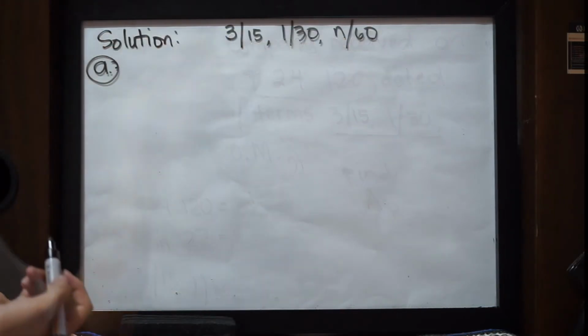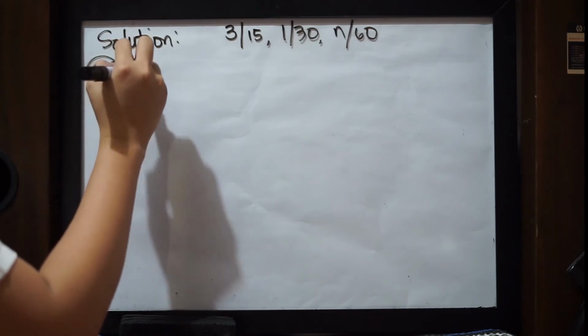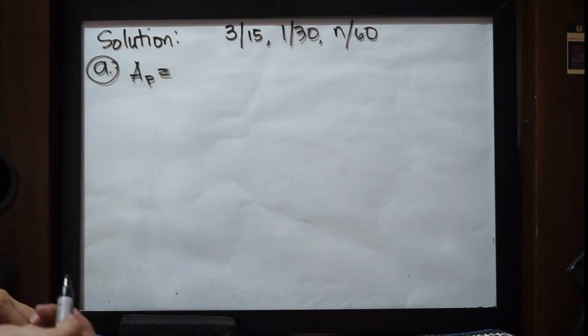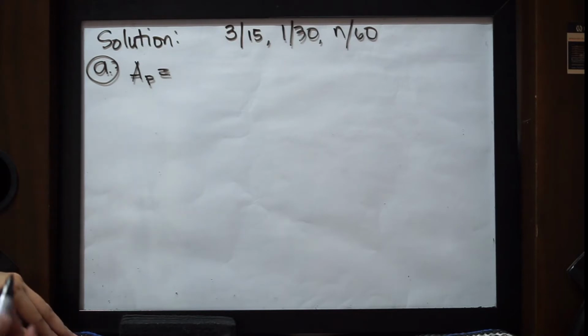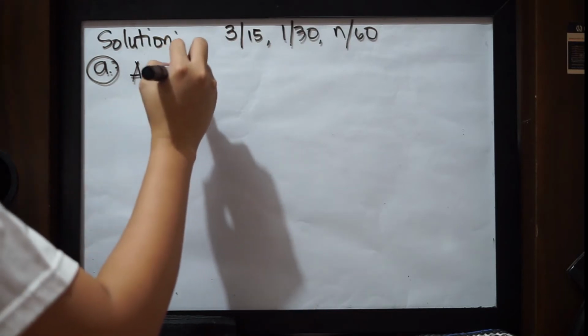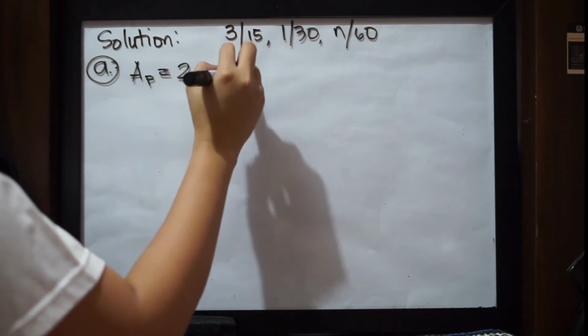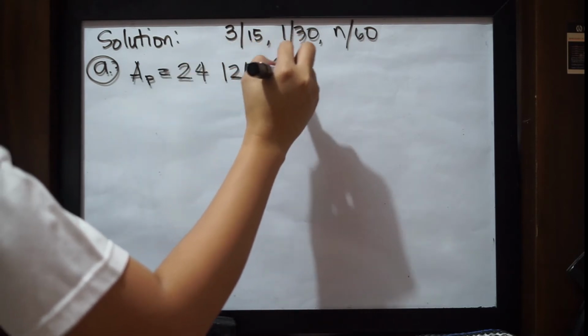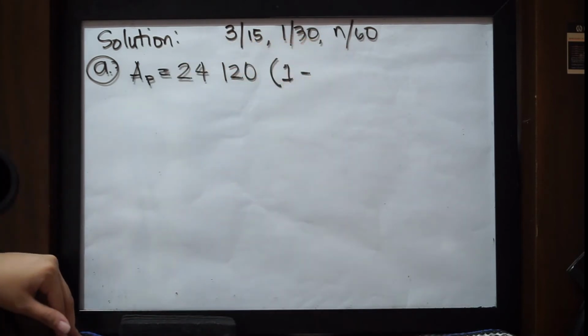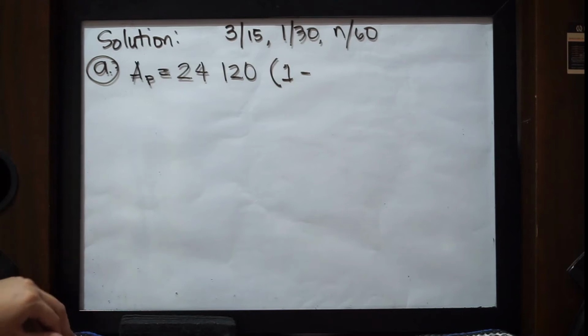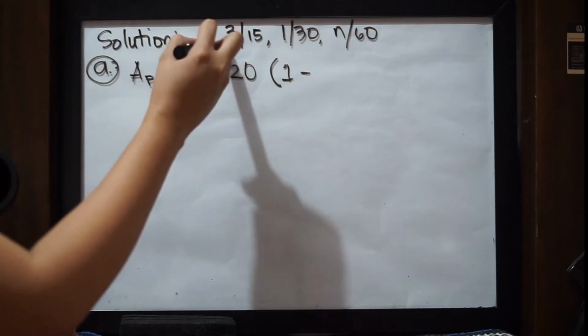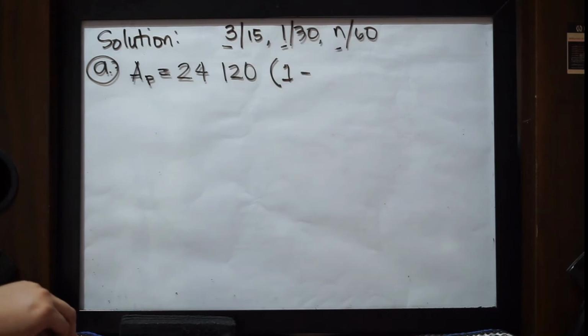So, for letter A, we're looking for the amount payable and the net price is 24,120 multiplied by 1 minus the discount rate. So, we have to identify what discount are we going to apply. Is it 3%, 1%, or none at all?